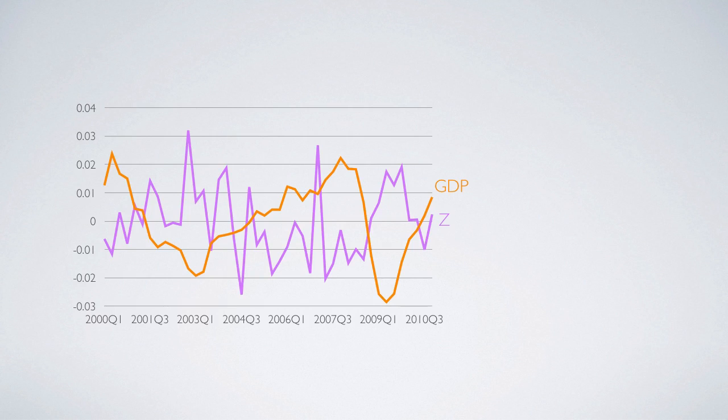So the cyclical components of the two series are not in the same direction. When a variable goes against the direction of GDP, we say that this variable is counter-cyclical. Okay. So whether a variable is procyclical or counter-cyclical always depends on its cyclical component pattern and its relationship with the cyclical component of GDP.